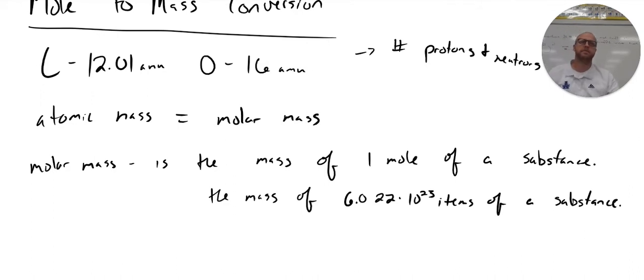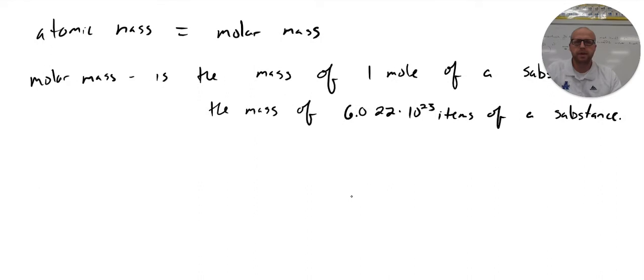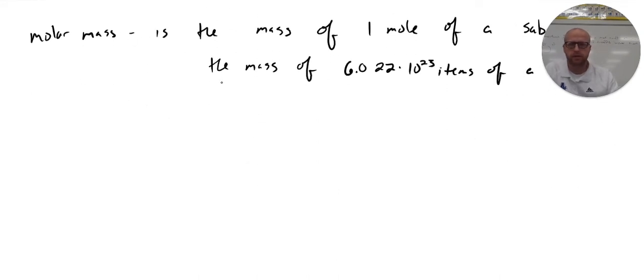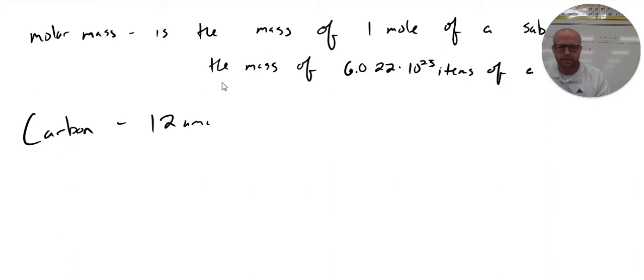So what does that mean for us? Let's stick with carbon here. And I'm going to round the molar masses on the periodic table to the nearest whole number. That just makes the calculations a little bit easier. Okay? So carbon has an atomic mass of 12 AMUs. Well, what do I know? I know the atomic mass is also equal to the molar mass. But my units are going to change.